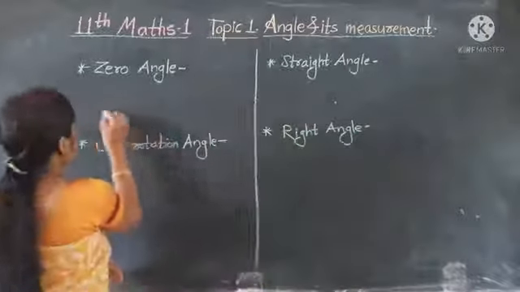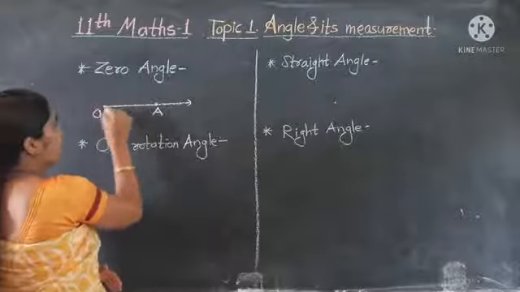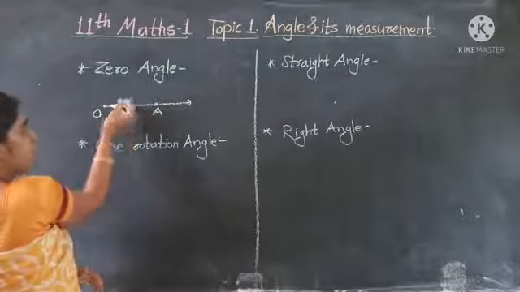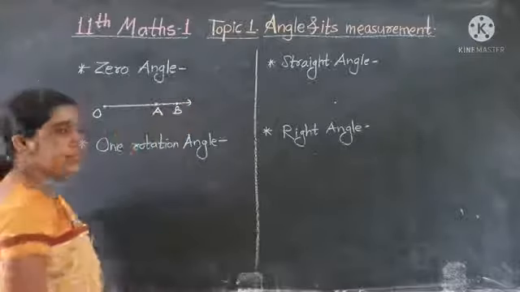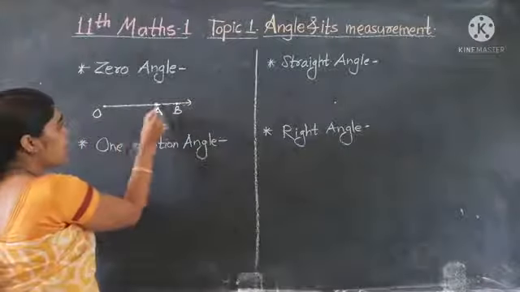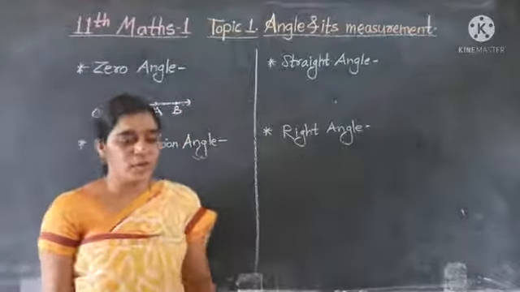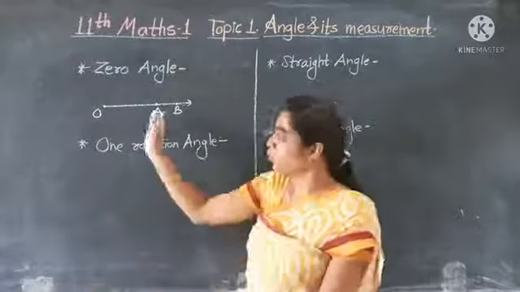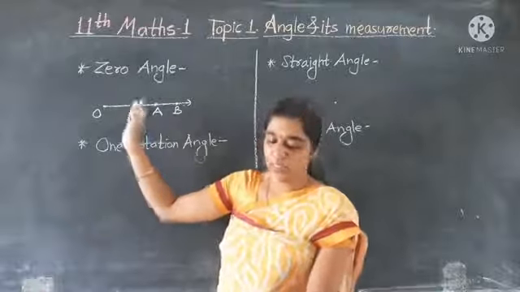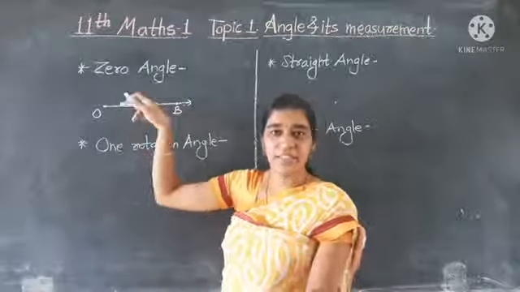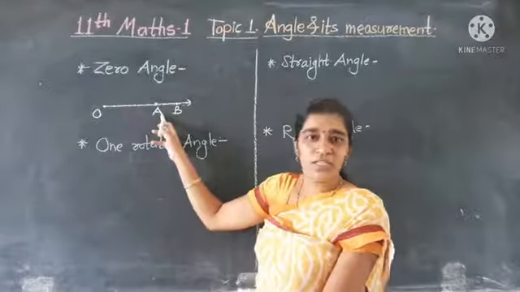This is the ray OA, and if the ray OA does not rotate, it remains at itself, OP. Means here the initial arm is OA and the final arm is OP, the same. If the ray OA has zero rotation, that is, the initial arm itself is the final, that is terminal arm, then it is called a zero angle.